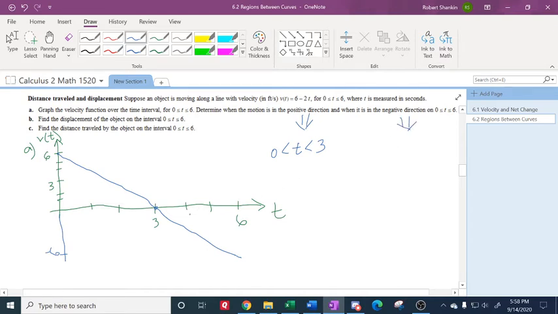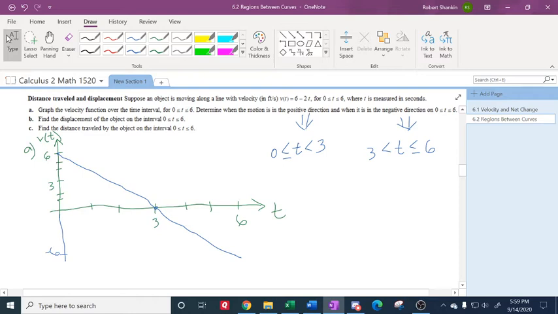Whenever v of t is negative, so that's t between 3 and 6. Now at 6 it's still going in the negative direction. At 0 itself is still in the positive direction. Okay. 3 is when it's transitioning. It's neither in the positive nor in the negative direction. Okay, so that's my answer for A.